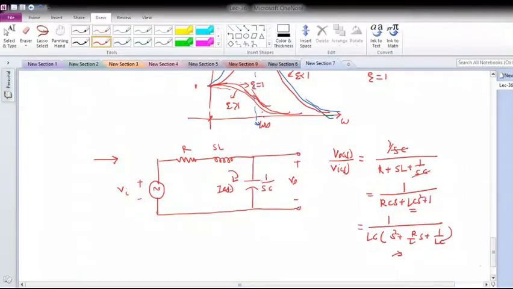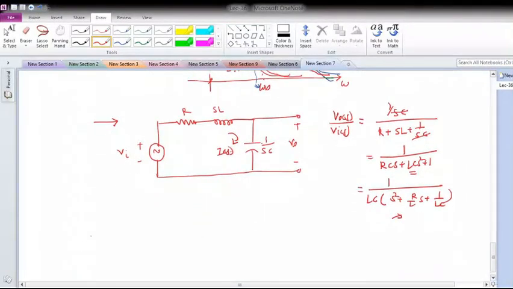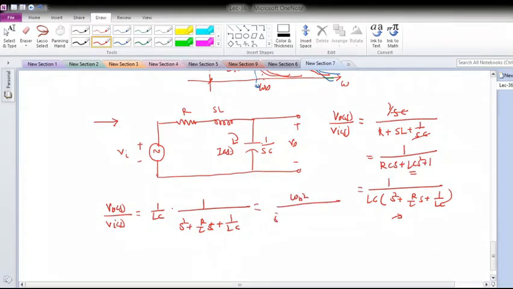This is basically the standard form, we have already developed it. Okay, so what is my voltage ratio transfer function? It will be 1 over LC into 1 over S square plus R upon L S plus 1 over LC. Okay, and this I can write as omega n square upon S square plus 2 zeta omega n S plus omega n square.